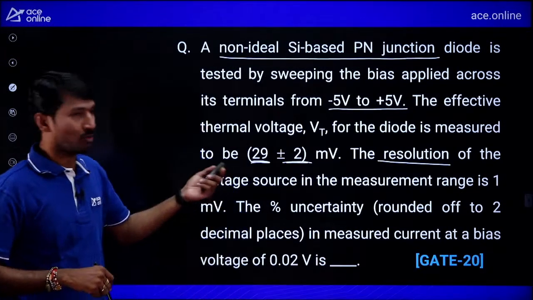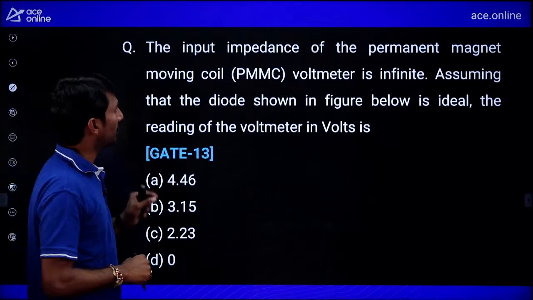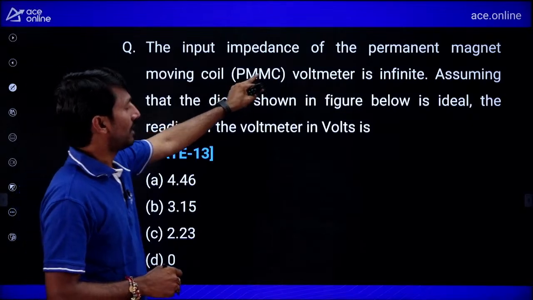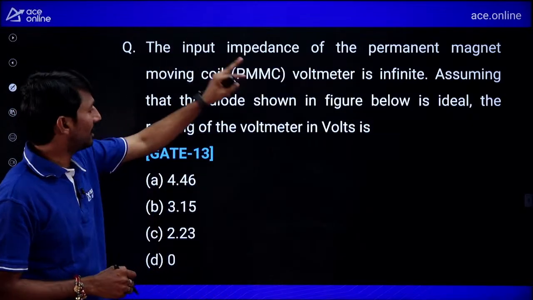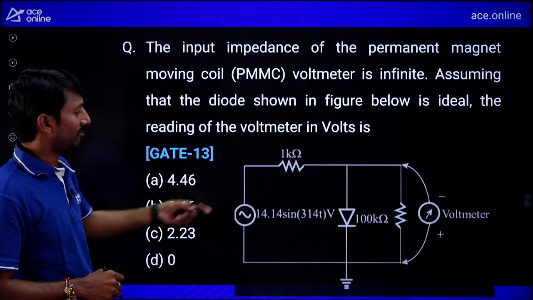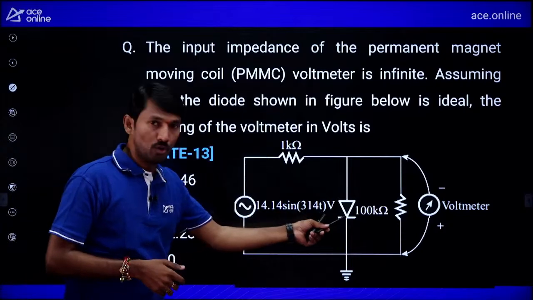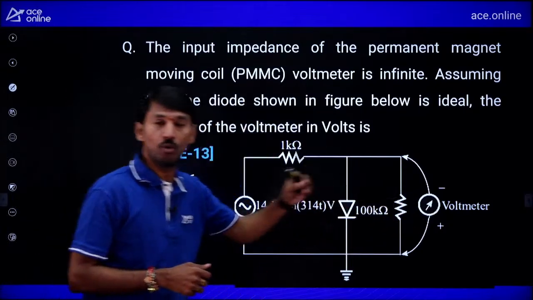And one more question I'm showing to give you confidence about this. Here, sir, is a permanent magnet moving coil instrument. Correspondingly the PMMC device is there, related to this one diagram. Check it. This is a GATE paper question, a diode question, looking like an electronics question, but here it is a PMMC voltmeter.